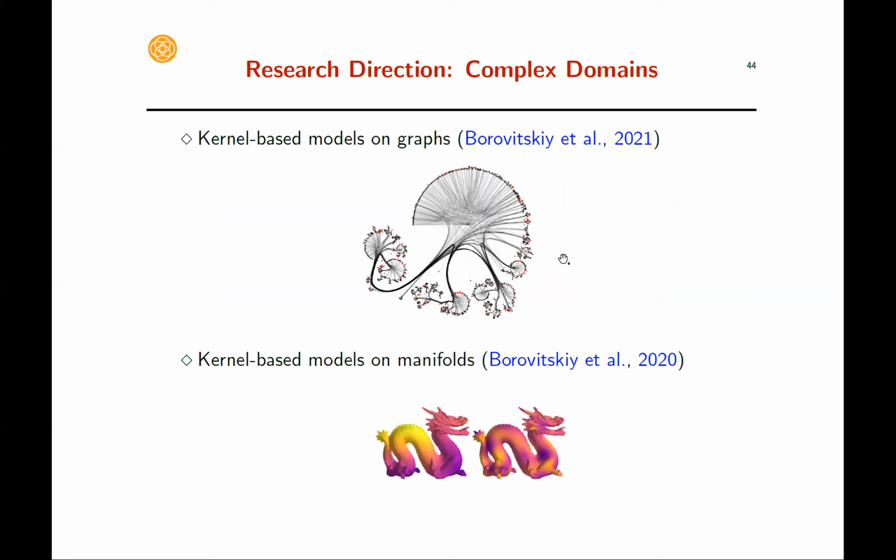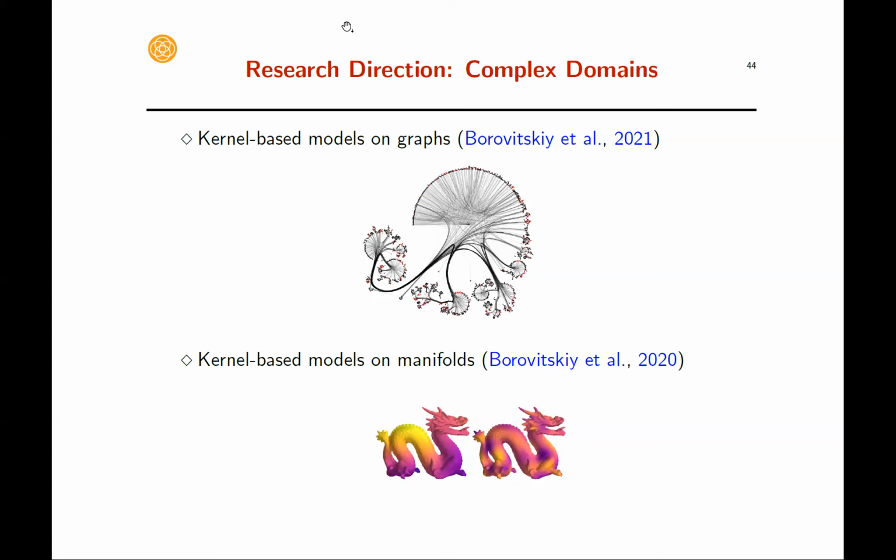Here, I'm just going to give a few pointers to some interesting papers if you're interested in doing research in this area. I think one interesting research direction is to look into more complex domains. What we said so far assumes that the input domain is R^d, so we have functions from R^d to R. But kernel-based models are very powerful and can cover other input structures, including, for example, graphs or arbitrary manifolds.